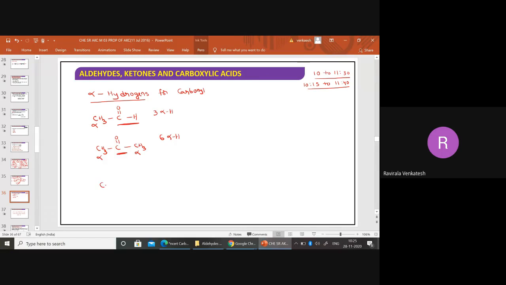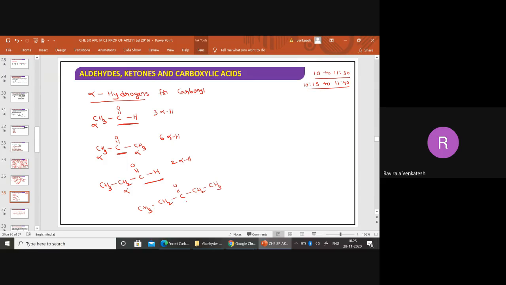For example, CH3, CH2, C double bond OH. How many alpha hydrogens are there here? This is the functional group, and this is the alpha carbon having only 2 alpha hydrogens. For example, CH3, CH2, C double bond O, CH2, CH3.